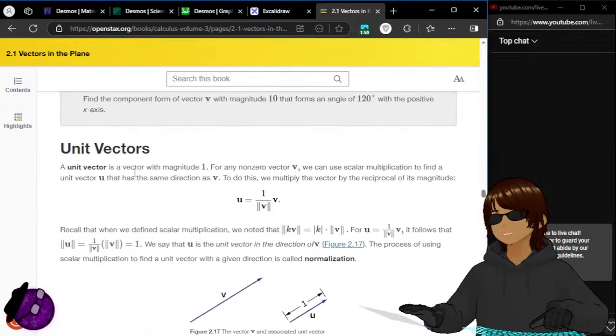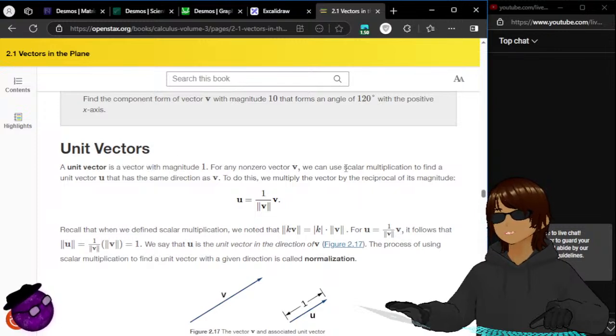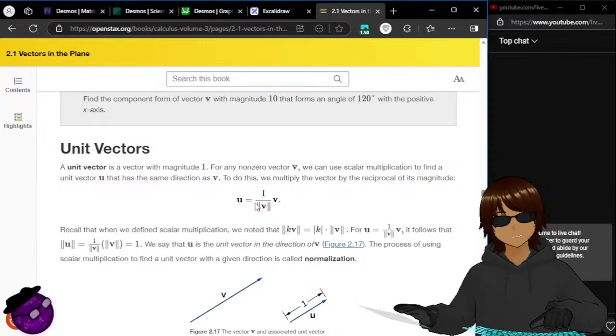A unit vector is a vector with magnitude 1. For any non-zero vector, we can use scalar multiplication to find the unit vector u that has the same direction as v. To do this, we multiply the vector by the reciprocal of its magnitude. So u.